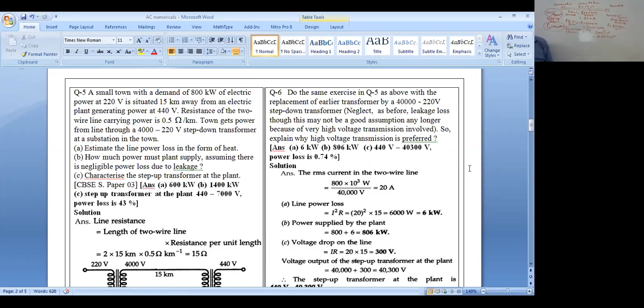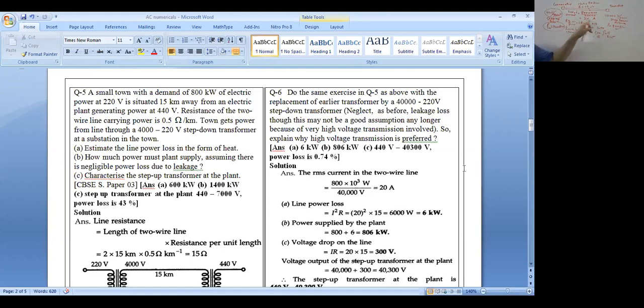At the same time, the next question: if we are using here 40,000 volt instead of 4,000, taking 40,000 volts, then line current will be 20 ampere, and here it will become 300 volts. So these are the changes here.